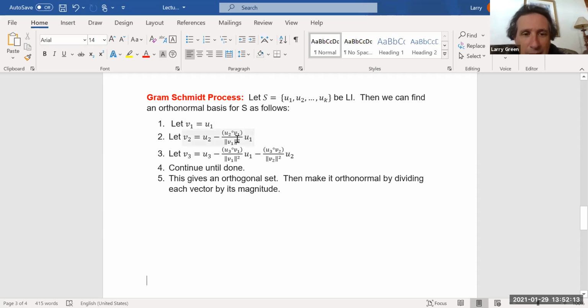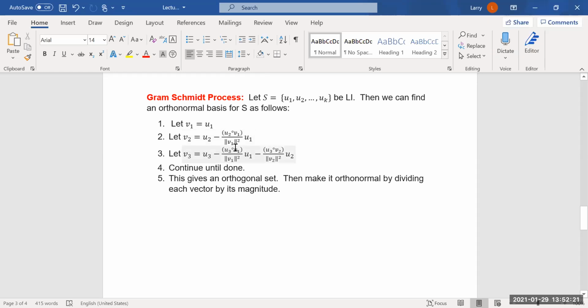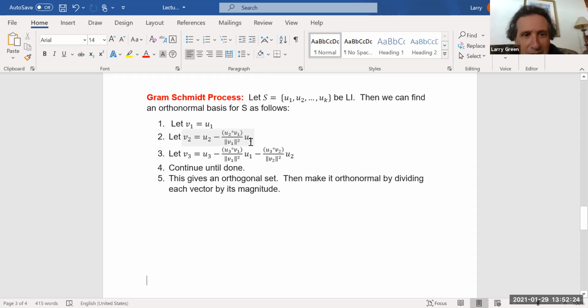And remember V1 is U1 in this case, over V1 squared times U1 dotted with U1, but U1 dot U1 over V1 magnitude squared is just 1. So you just get U2 dot U1 minus U2 dot U1, and that's 0. Anyone lost on that dot product? Okay, so that's good. That means we've gotten our second vector that's orthogonal to the first vector.